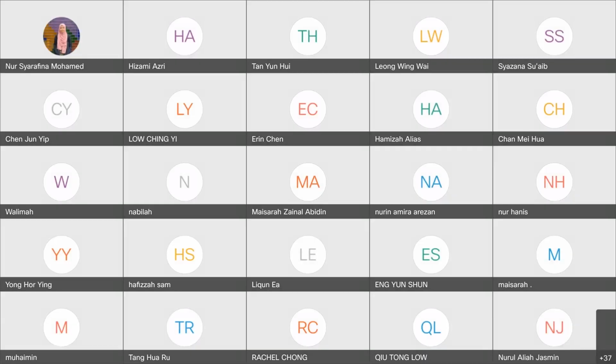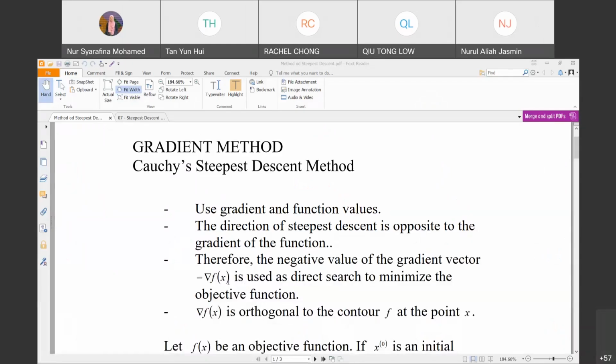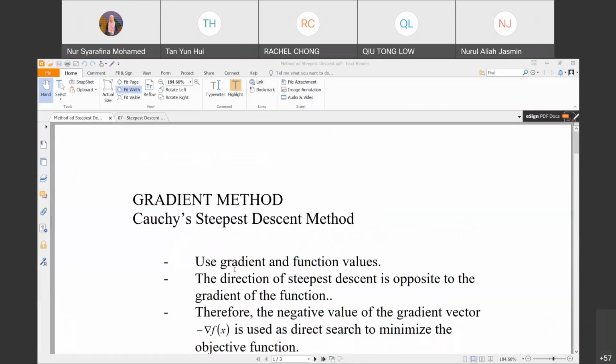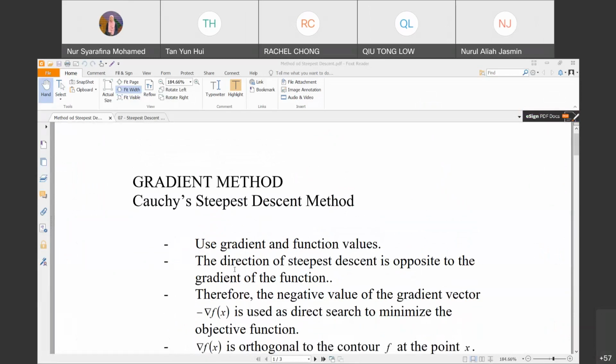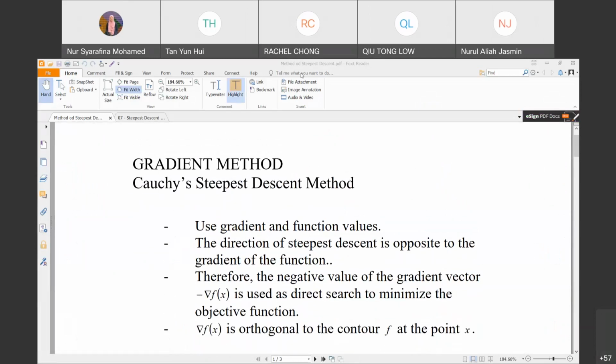Right, can you see the screen? Okay, so in this method, which we call the steepest descent method, the most classical method in gradient methods, the movement process involves the gradient.